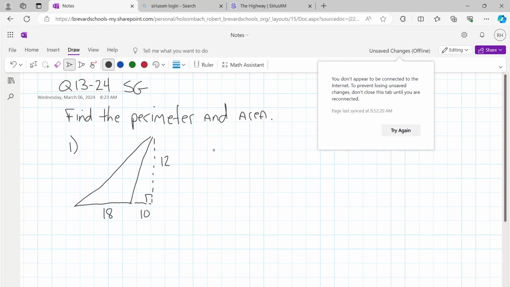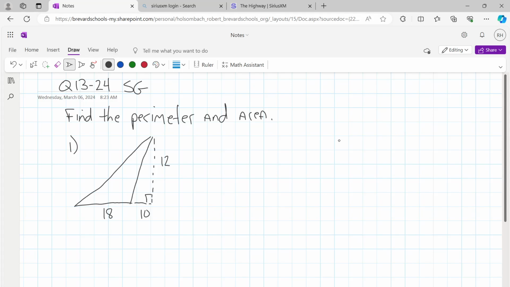All right, so in order to find the sum of these sides, we need these side lengths. So first things first here.